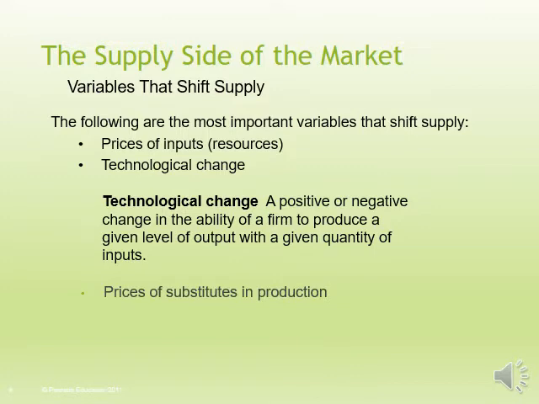Now, another example would be the price of substitutes in production. This is very similar to the effect that substitutes have on the demand side of a market, but on the supply side, it's a little bit different because it's a substitute for what the sellers can produce rather than what the buyers can buy.